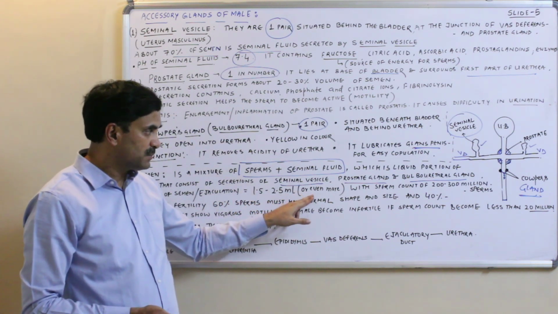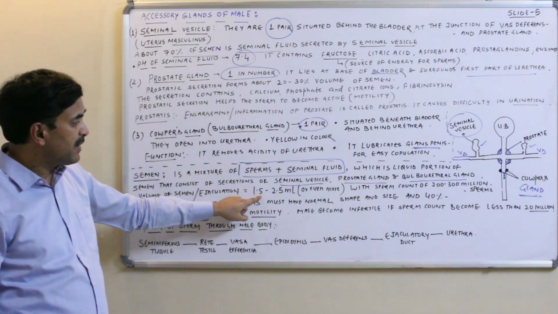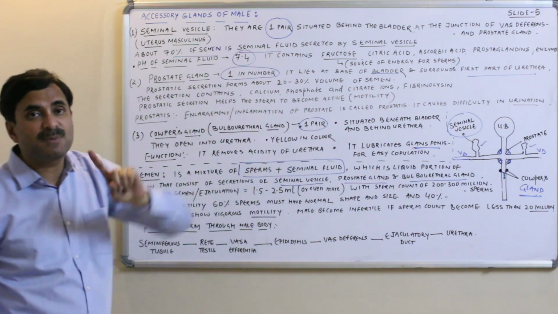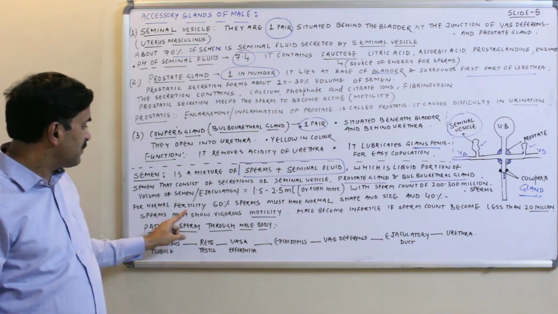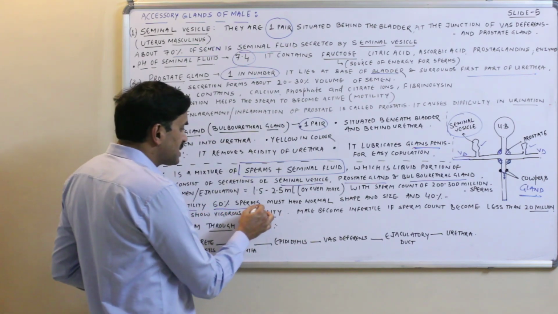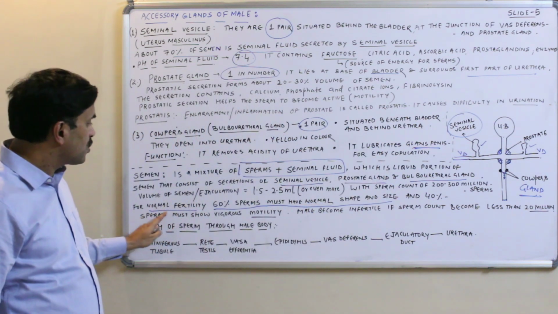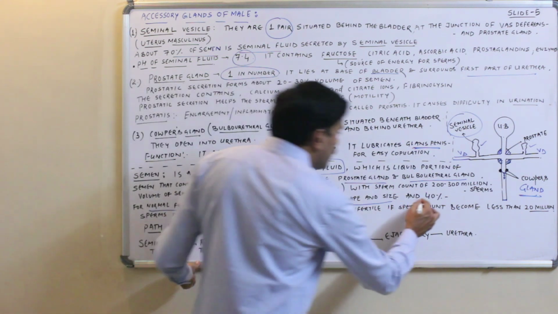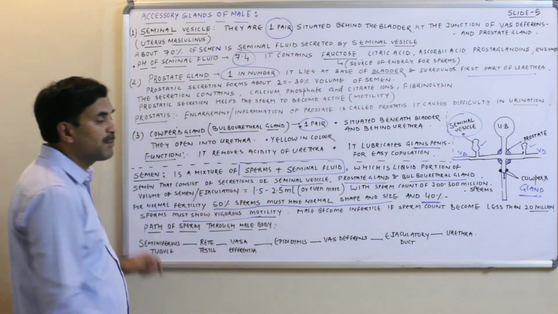Sometimes it may be even more. This 1.5 ml to 2.5 ml of semen consists of a sperm count of 200 to 300 million sperms in a normal person. It is written in your NCERT that for normal fertility, 60% of the sperms must have normal shape and size, and 40% of the sperms found in the semen must have vigorous motility.